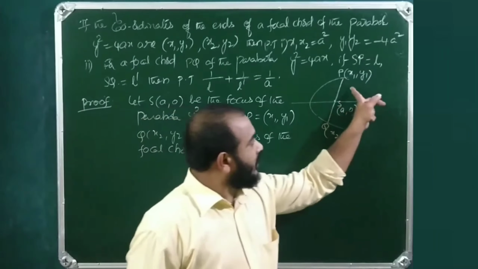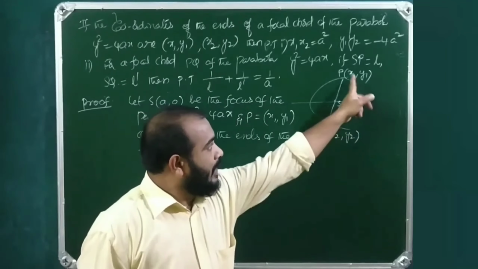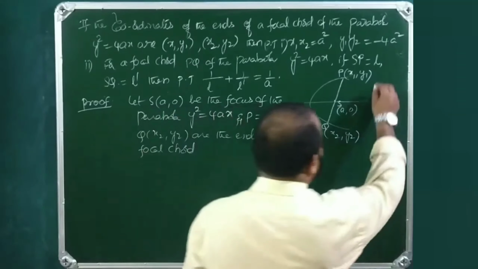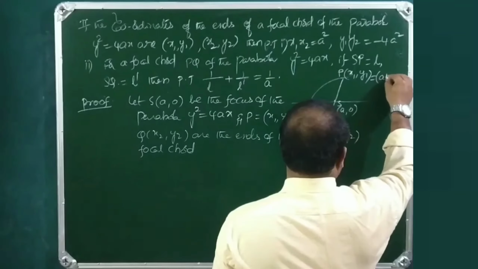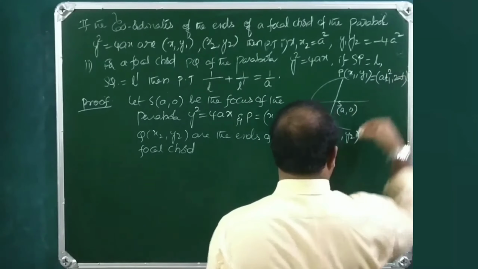Since (x1, y1), (x2, y2) are the ends of the chord, the parametric point of P is (a t1 square, 2a t1), and Q is (a t2 square, 2a t2).